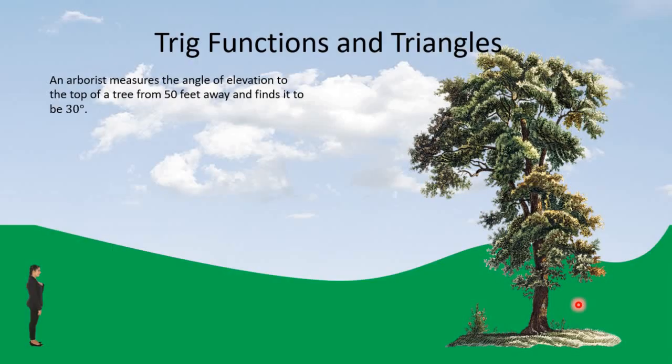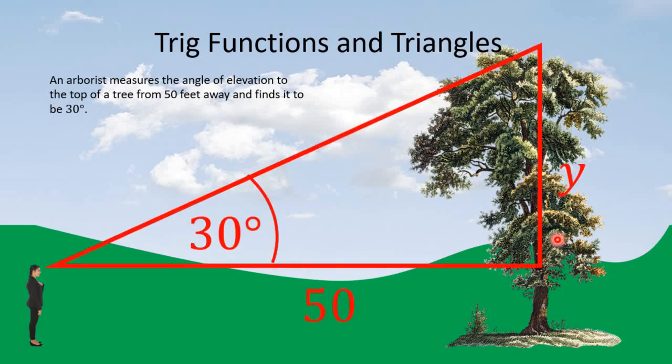So an arborist measures the angle of elevation to the top of a tree from 50 feet away and finds it to be 30 degrees. The arborist wants to find the height of the tree, how tall the tree is. So you're trying to measure the tree here without actually having to climb it.